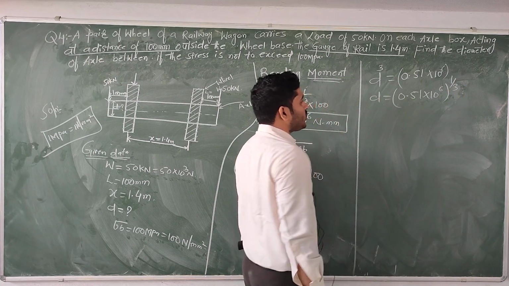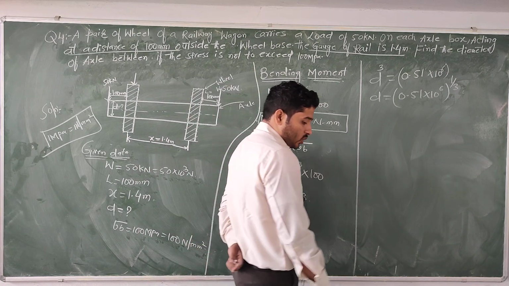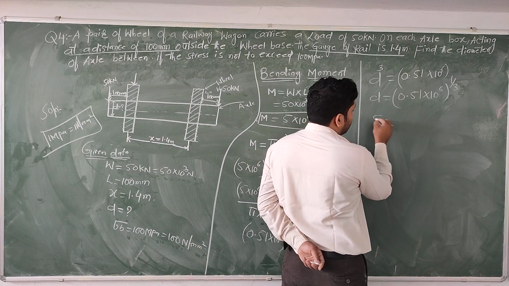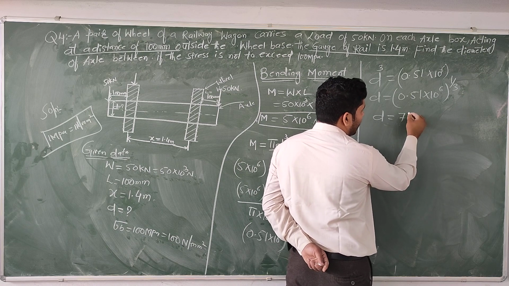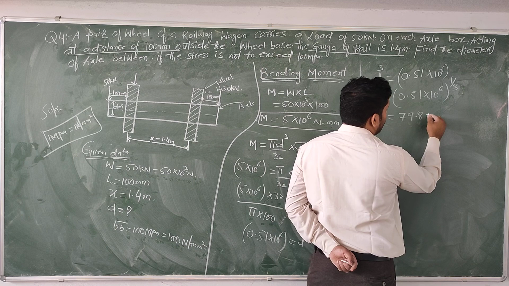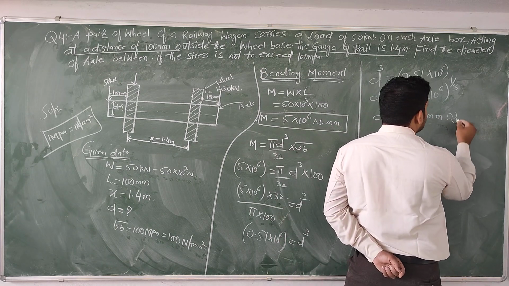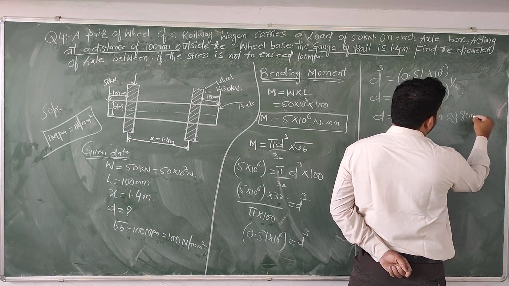With the calculator, I get d equal to 79.8 mm, which is approximately equal to 80 mm.